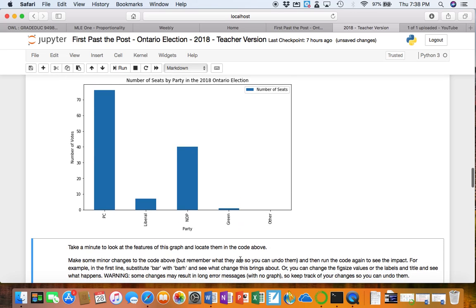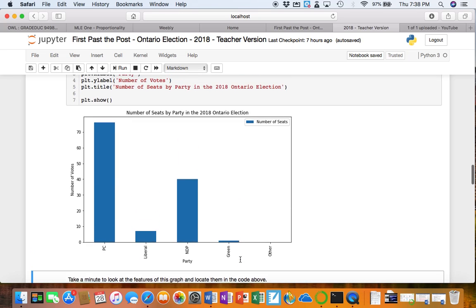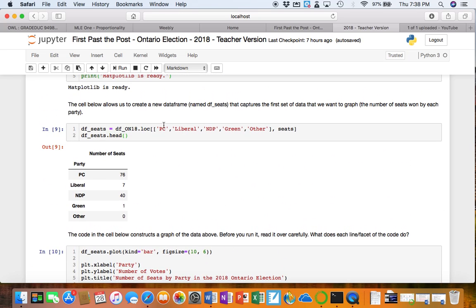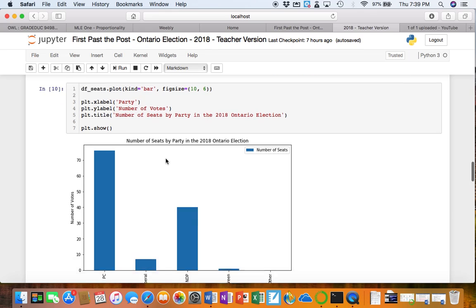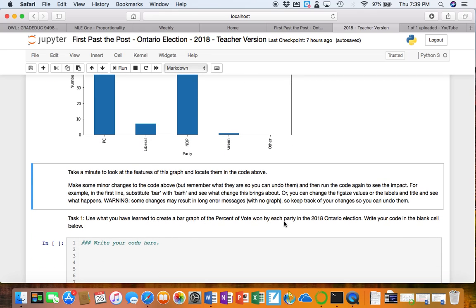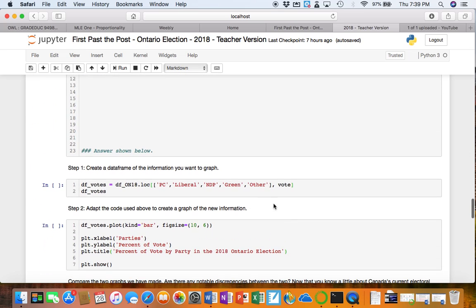Okay? Now, what I would like the students to do after this is to take what they've learned, the creation of a data frame and the creation of a graph, and use that not to graph number of seats by party, but to graph percent of vote won by each party. And so they have a space where they can do that, but of course the answer is down here.